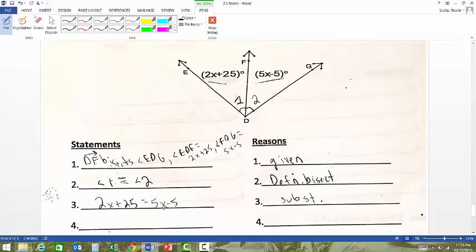And it's up to you what you want to do first in this step. You can either subtract 2x from both sides. You can add 5 to both sides. This order does not matter. I'm going to choose to add 5 to both sides. And if I did that, I get 2x plus 30 equals 5x. And adding 5 means I've used the addition property.